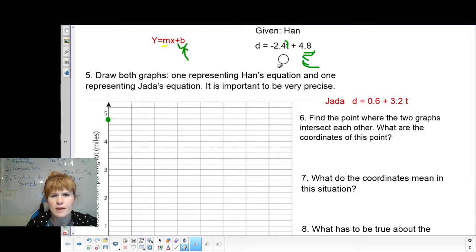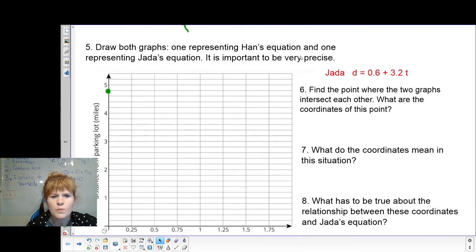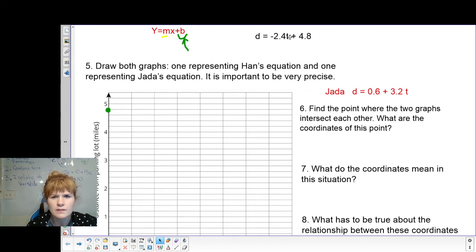Now let me erase my stuff. Next, use the slope. Use the slope of the line to draw your line. The slope is negative 2.4. So when we go over 1, let me move this so we can see it right there.